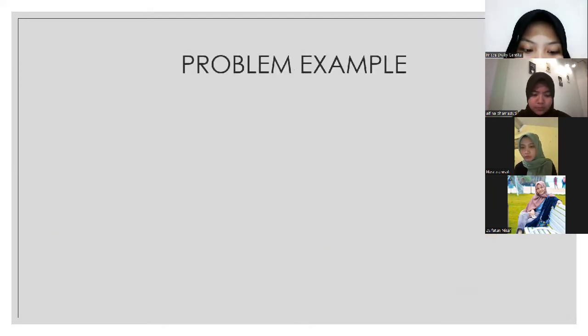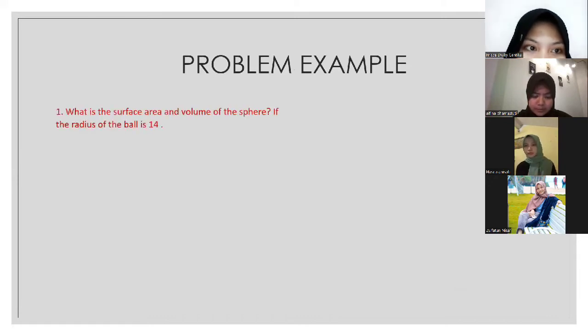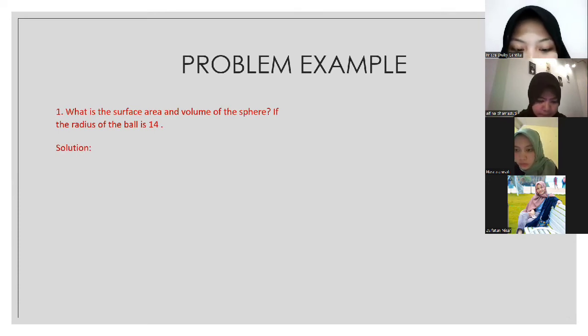Next, now let's go to the example questions. Number one, what is the surface area and volume of the sphere if the radius of the ball is 14? So next we input it into 4 times 22/7 times 14 times 14. Does anyone know why we use pi 22/7?